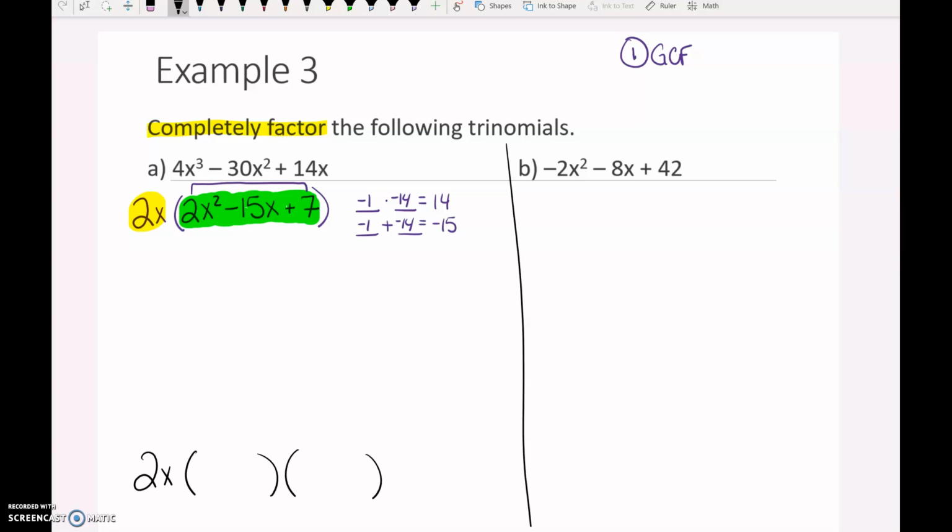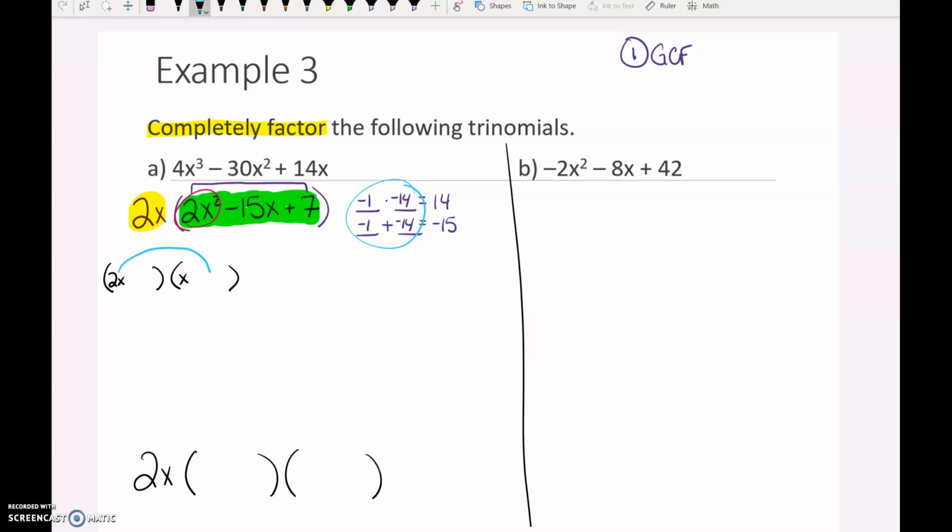All right. I may send out a little survey or something to see which you prefer. I'm going to do guess and check first, kind of over here. So 2x and x, because 2x times x will give me 2x squared. Then 2x times something is going to give me one of these numbers.